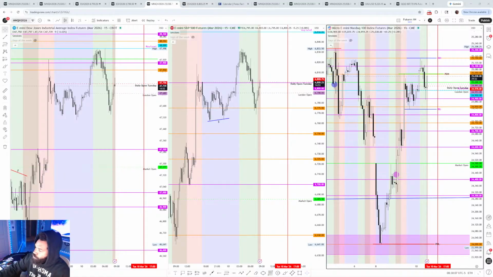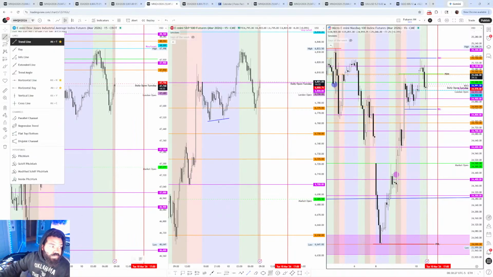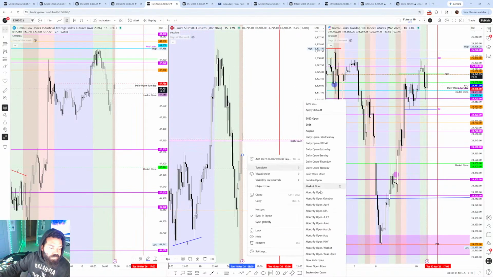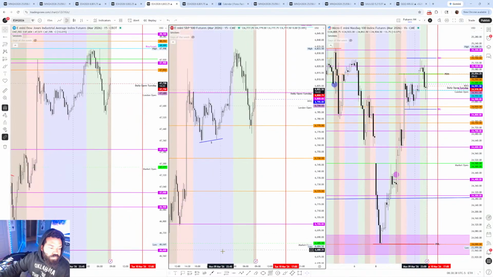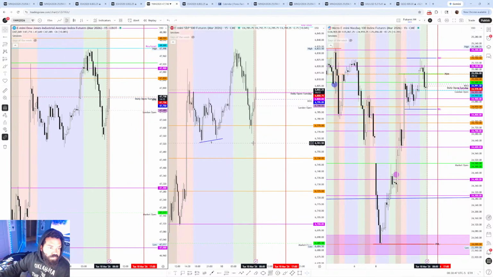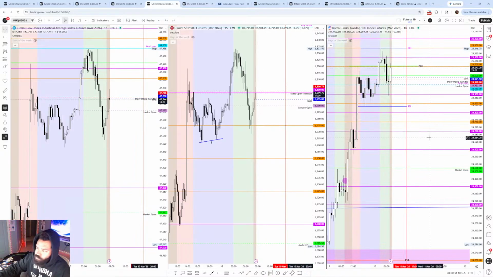Nice little push out the gate. So first minute was definitely nice and bullish.